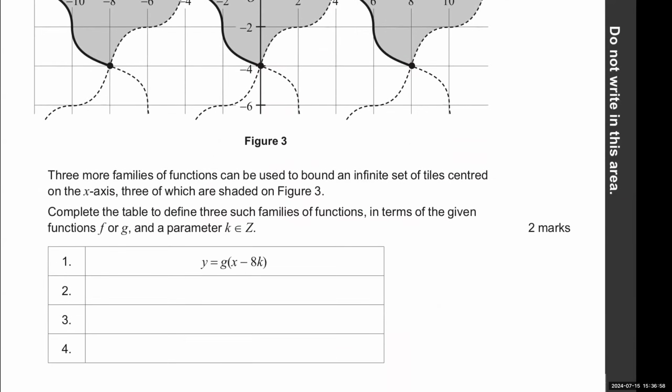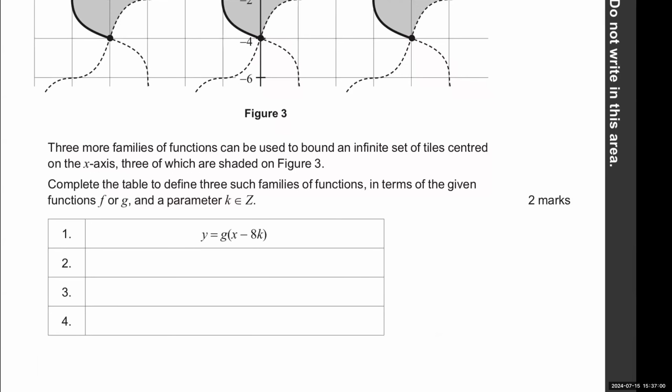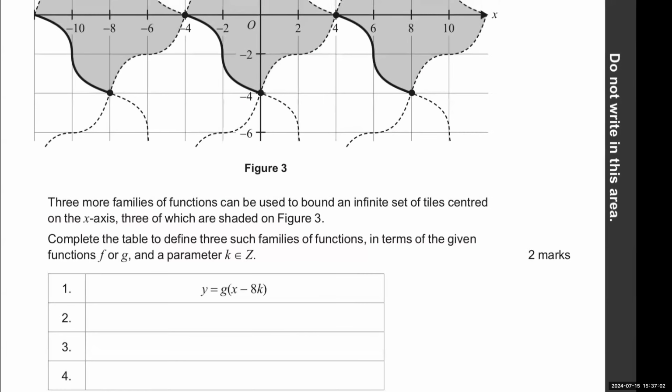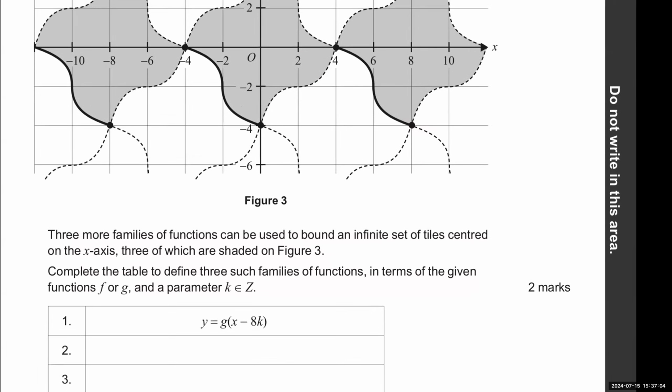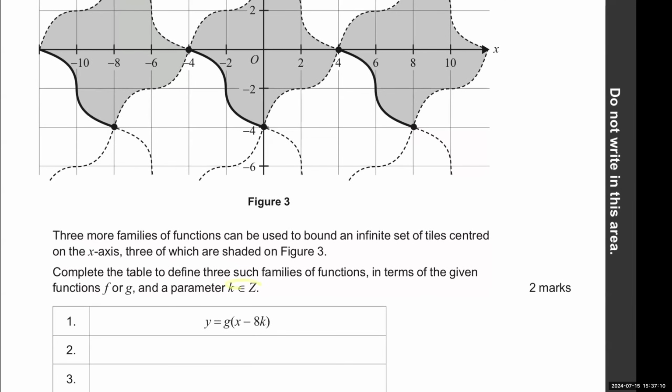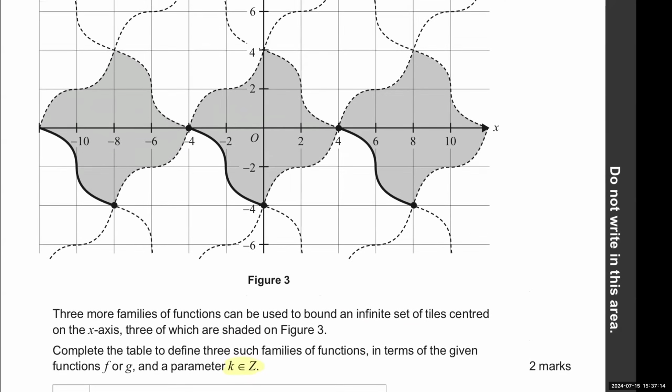So we'd like to complete the table to define 3 such families of functions in terms of the given functions f or g, and the parameter k belongs to Z. So this is indicated in the question. K is an integer.